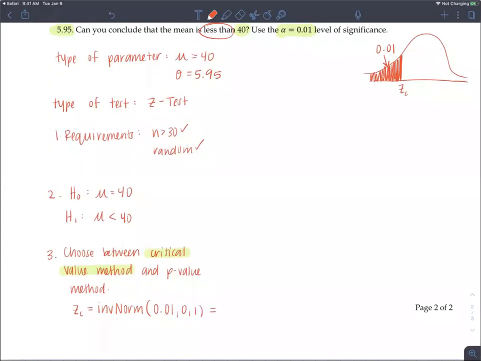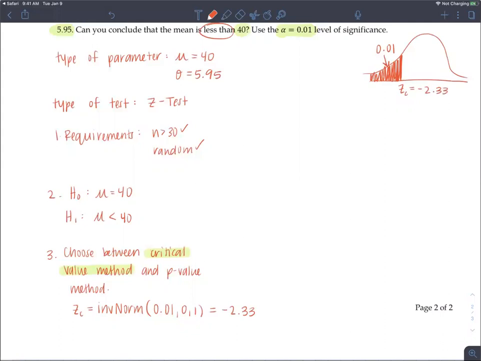So let's do this. Second distribution, inverse norm, 0.01, 0, 1. Here you should get negative 2.33 as your critical value.